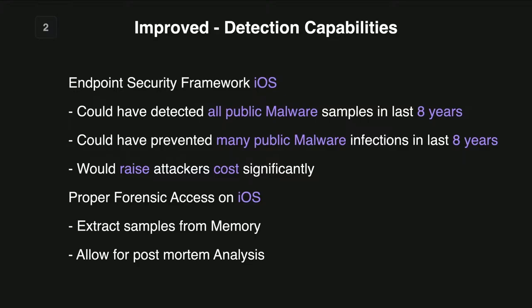So it's the same data that you get on macOS that we can use for detecting the stuff on iOS, and we could have prevented many public malware infections. That BlastPass chain, after the detection of a HomeKit sample crashing, I could have just restarted the device with the user, no infection.